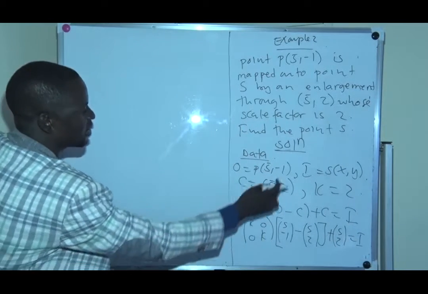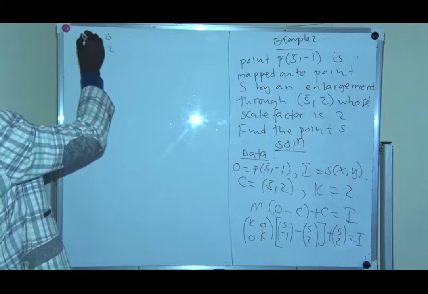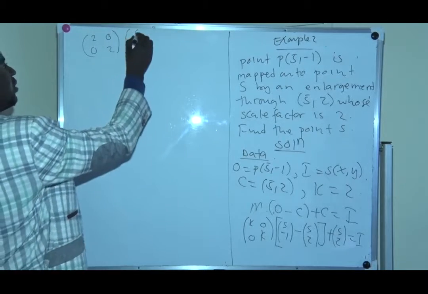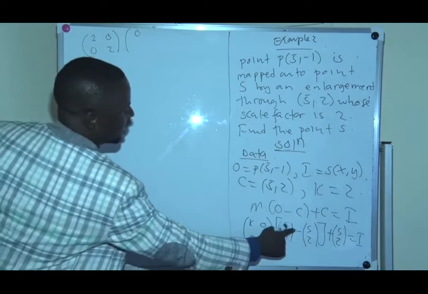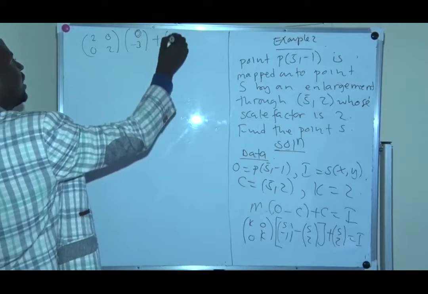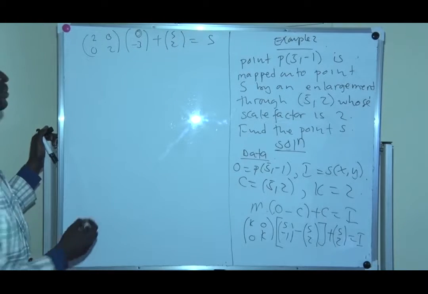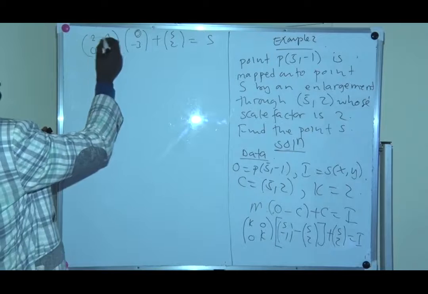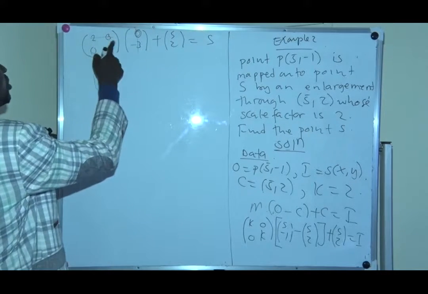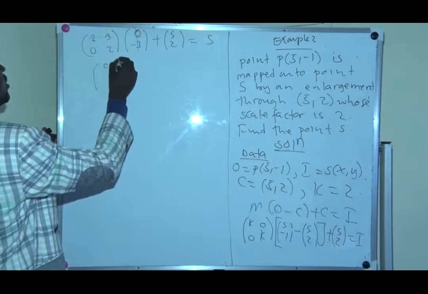You know k, the scale factor, is 2, so you continue: (2 0; 0 2) times (5 minus 5, -1 minus 2), which is (0, -3). Don't forget there is again plus the center, which gives us S, the image. Again you multiply row times column. The easiest way: this one multiplies, this one cancels. This times that is 0 plus this times that, 0.